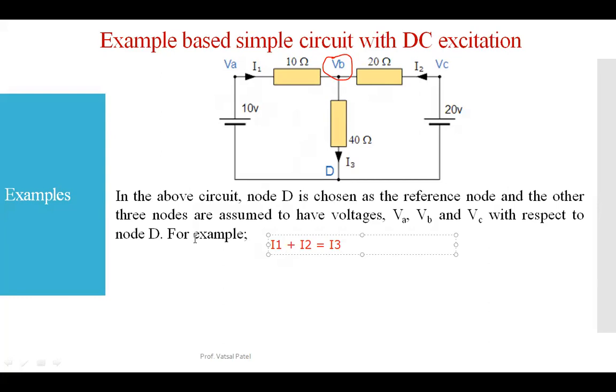Now, if you identify the current here, according to Ohm's law, what can we write for the current I1 component? For the current I1, if you apply Ohm's law, can we write V by R? Yes or no?